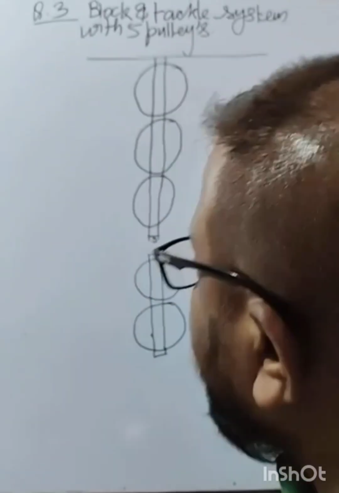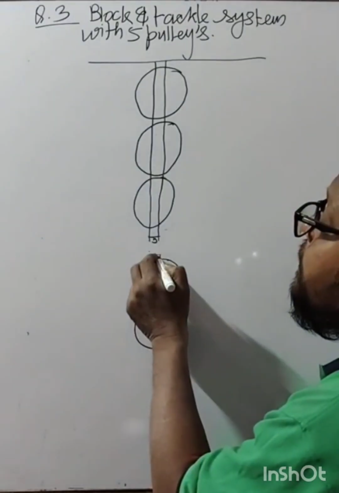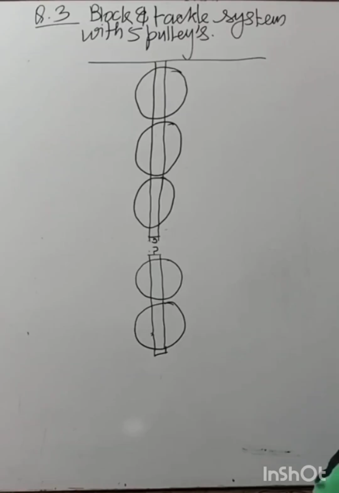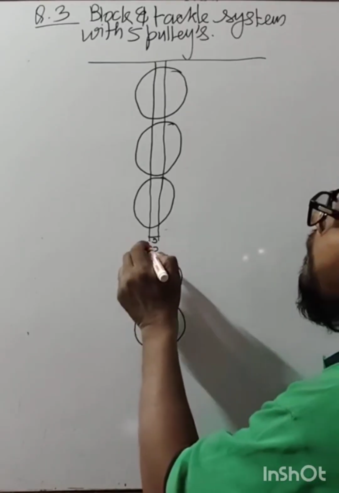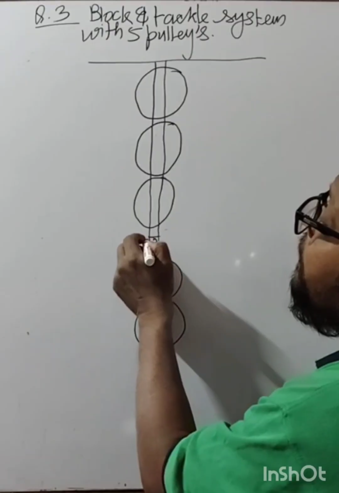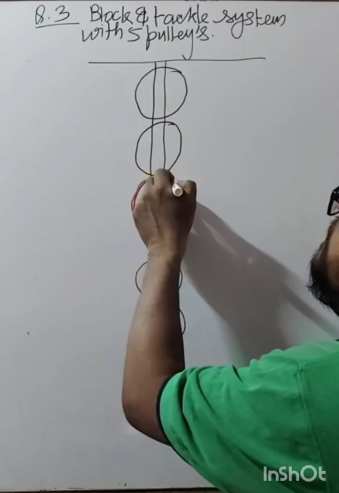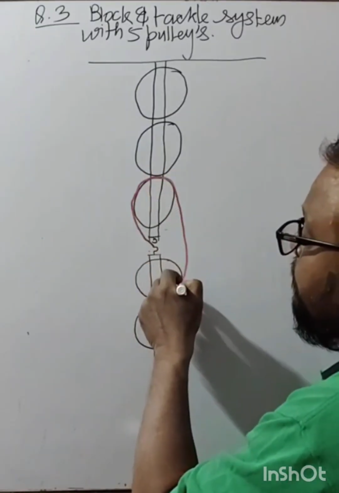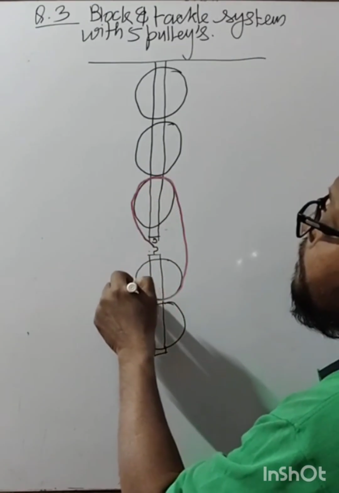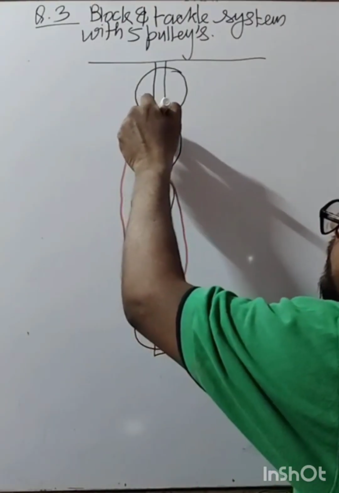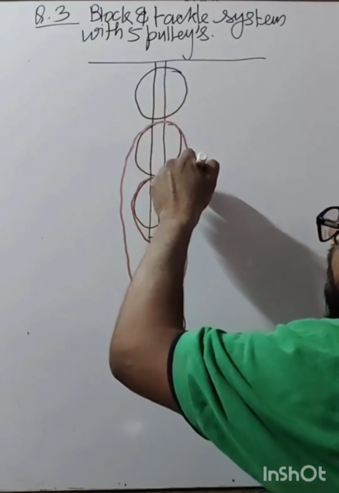Now copy the diagram with drawing string around the pulleys. Mark the direction of load and effort. So if we take from here, this is like this, coming here, then it is going like this, coming here.